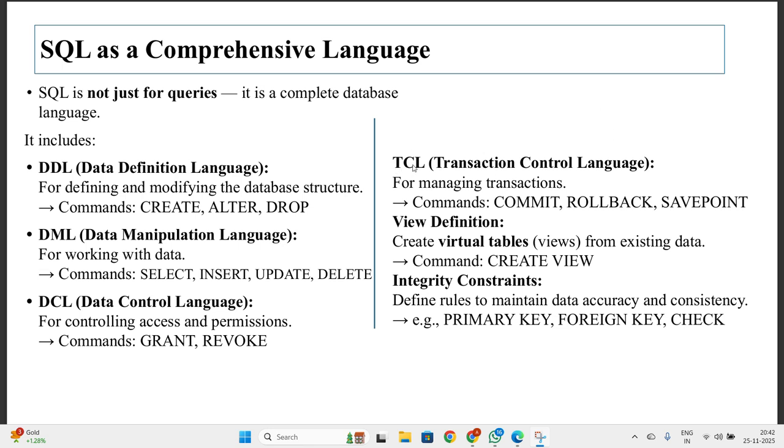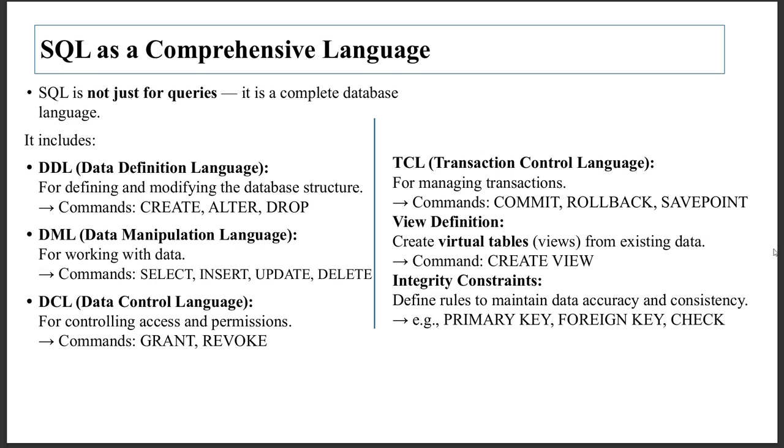In that we will come across these commands, that is commit, rollback, savepoint, and all those things. If a user is going to make any transaction, how do the transactions get updated? Now view definition is used to create a virtual table.